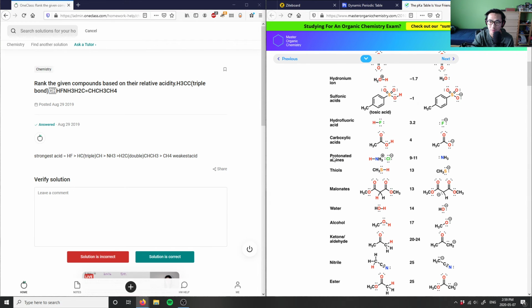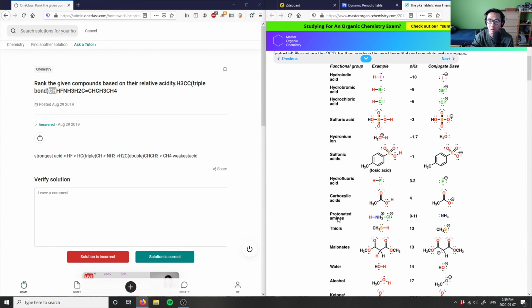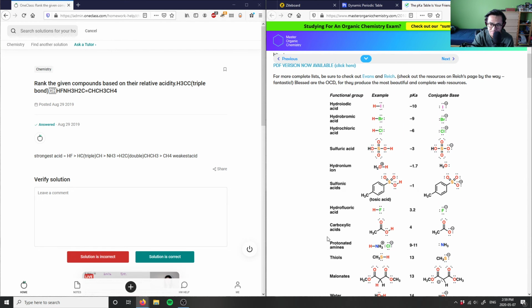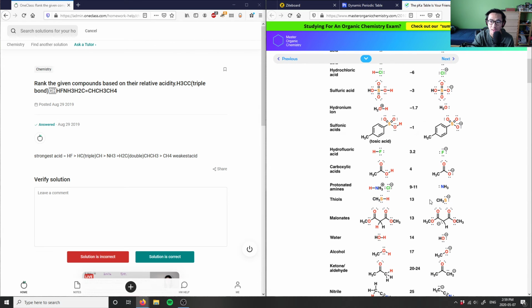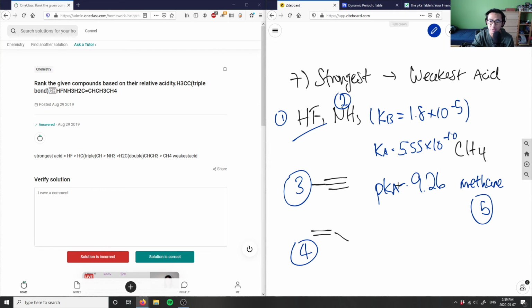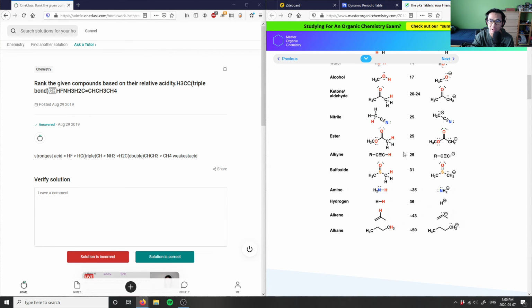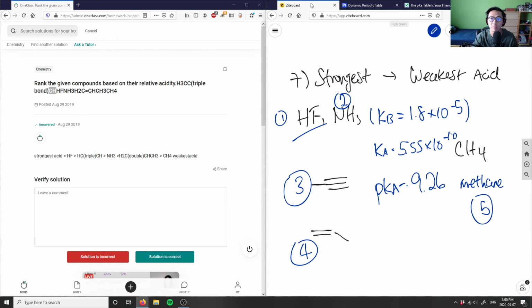So NH3 here would be about 9.26 for the pKa. And then 3 would be our alkyne, right? Alkynes exist kind of here at pKa 25, and then it'll be our alkene, and then our alkane here. So this is 1, 2, 3, 4, and 5.